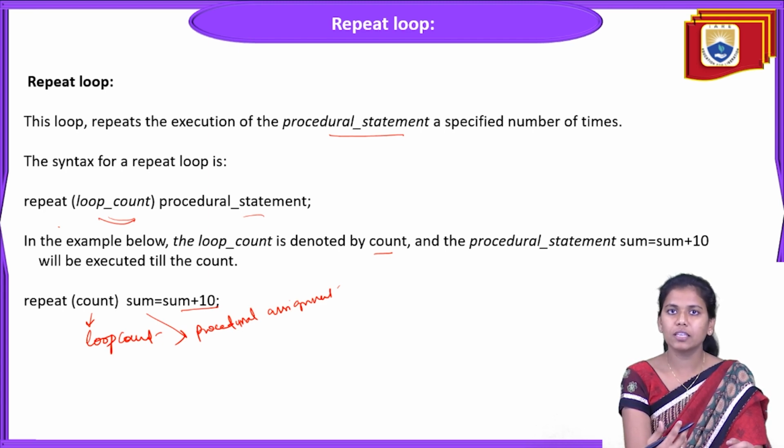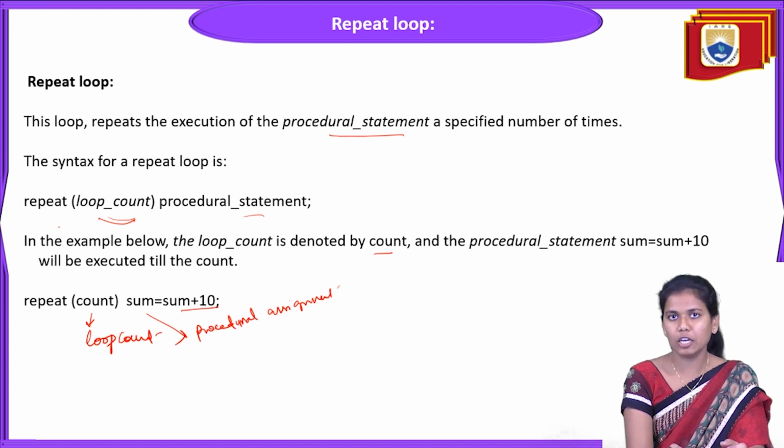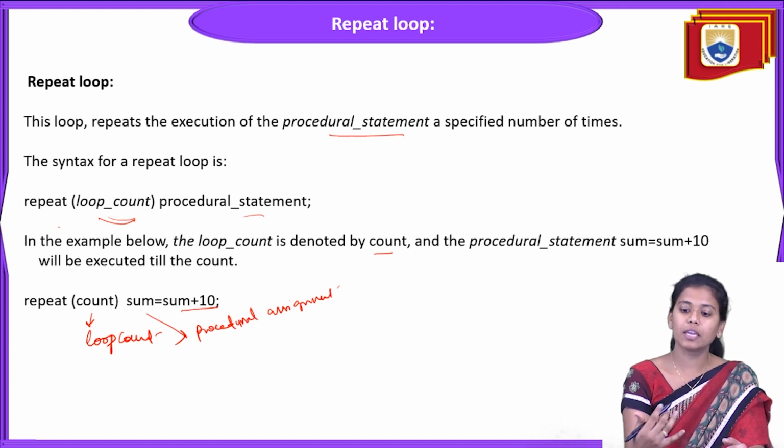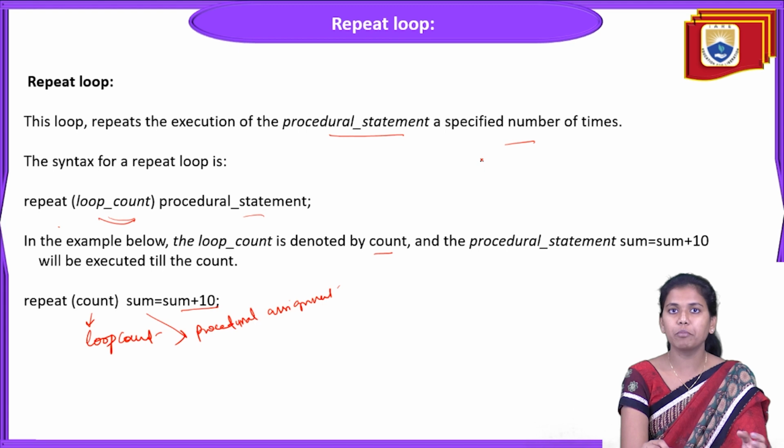So this is very easy and simple to remember: until I get the desired output, I can specify the number of times the execution of the statements can be done. So that's nothing but the repeat, count, sum equals sum plus 10.